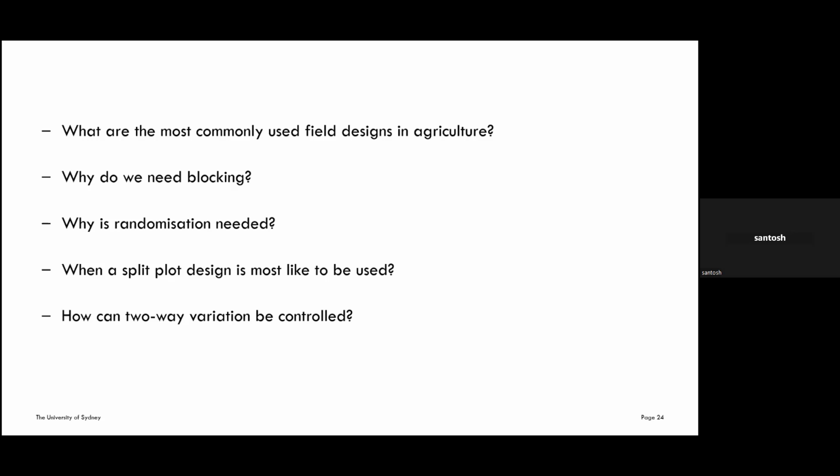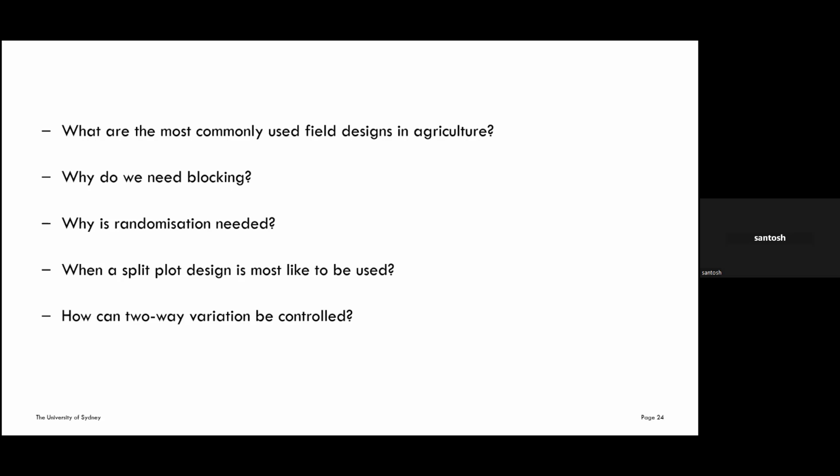And when is a split plot design used? It will be used when you have to test two factors, and also the precision for one factor is more important than the other.